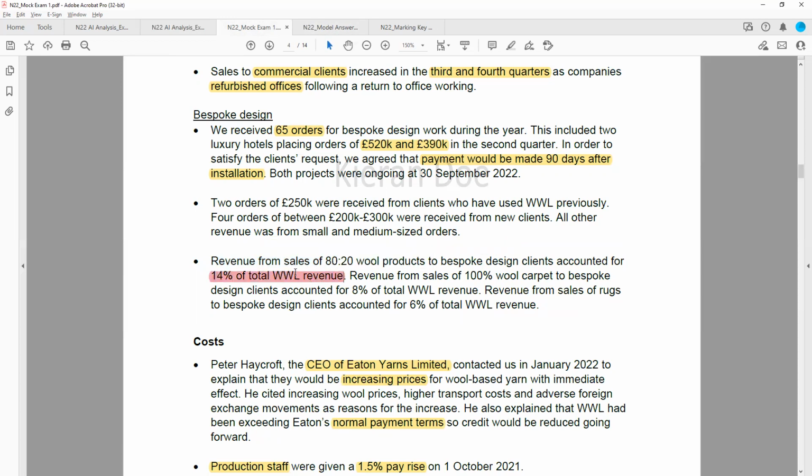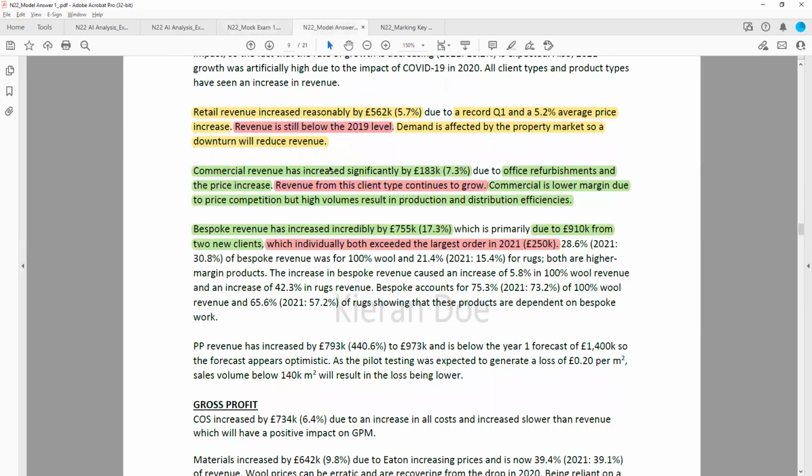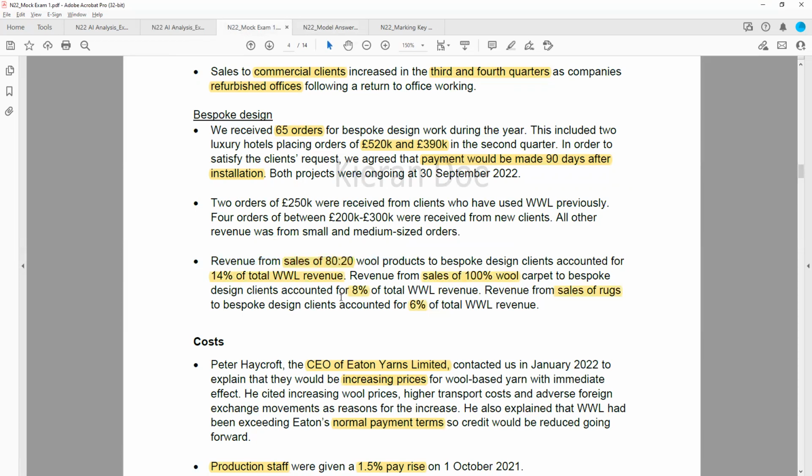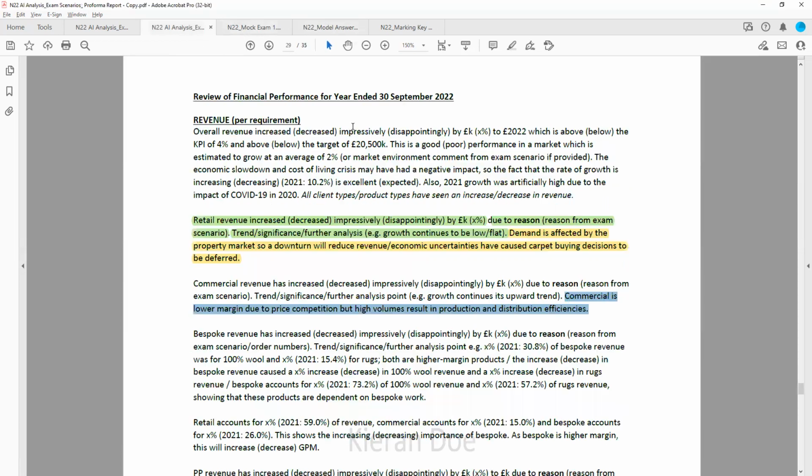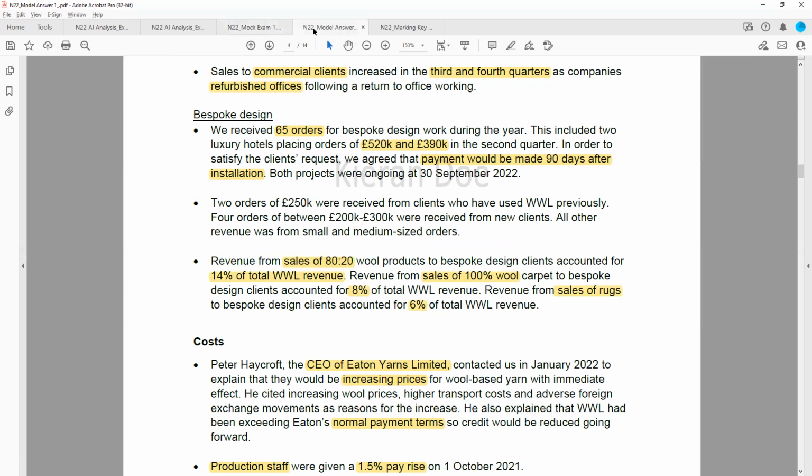So sales of 80/20 were 14% of revenue, sales of 100% wool were 8% of revenue, and sales of rugs were 6% of revenue. So we saw this in the AI and we could do some further analysis on those numbers. And it's quite common that the examiners might give some additional numerical information and that we can do some further analysis of those numbers.